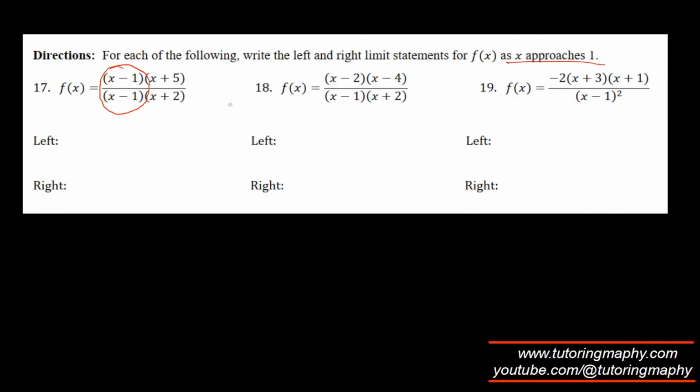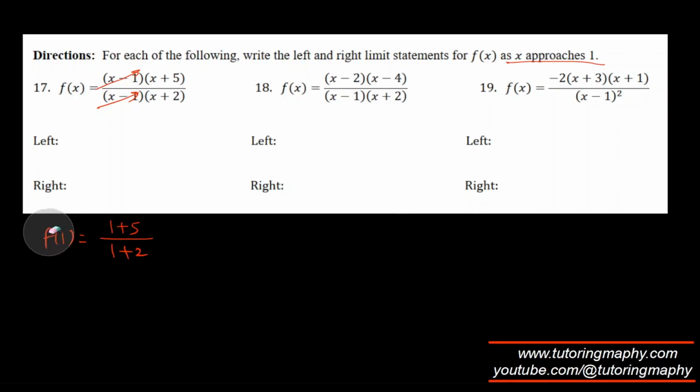So the way we figure out the limit is we just cross these out, and then we just replace x with 1. So basically, we find f of 1 after canceling the common factor, which is 1 plus 5 over 1 plus 2.